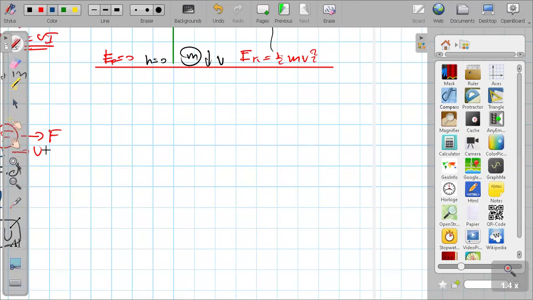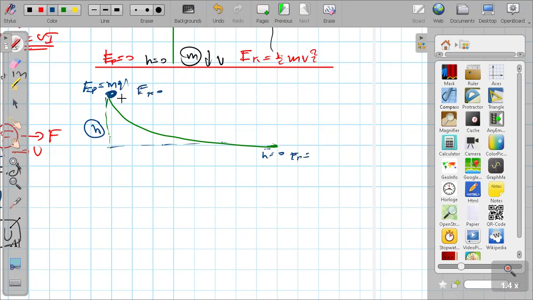Right. Next part. It can be this way as well. Now imagine it is sliding down this type of path. Energy is a scalar quantity, but the vertical height is a vector. So EP is equal to mgh. Here the height is 0, so the EP is 0. Here K is 0 because v is 0.